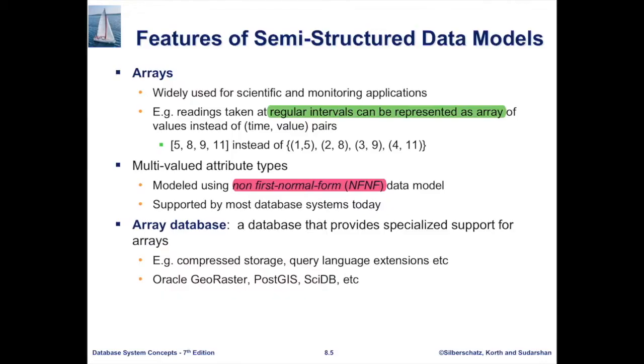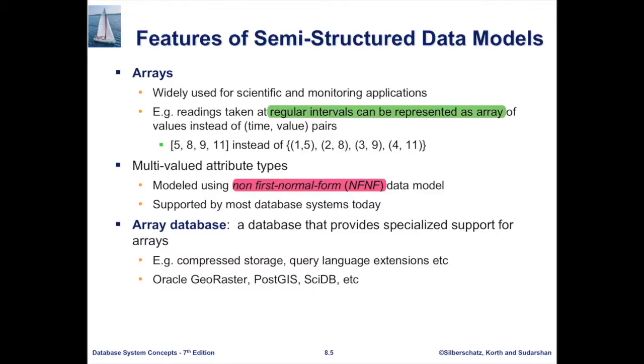Okay. So, meron din tayong tinatawag na multi-valued attribute types. So, kung maalala nyo yung requirement ng first normal form, hindi na siya first normal form if we allow multi-valued attribute types. And yung mga ganitong representation, in fact, baka magulat kayo, supported na to ng most database systems today. Okay? So, may mga specific databases na ginawa specifically for this.